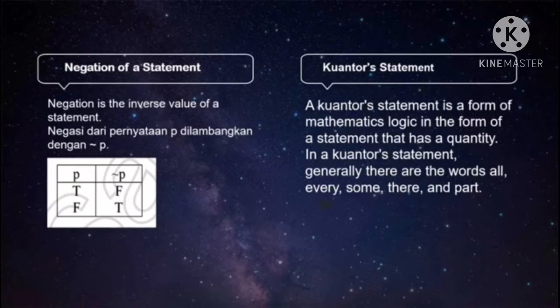Words such as all and every belong to the universal quantor, and words such as part, some, exist belong to the existential quantor. The universal quantor and the existential quantor negate each other. P, everyone is a scholar, is a universal quantor, and negation P, some people are not scholars.